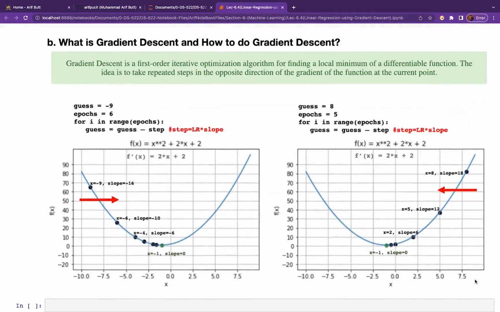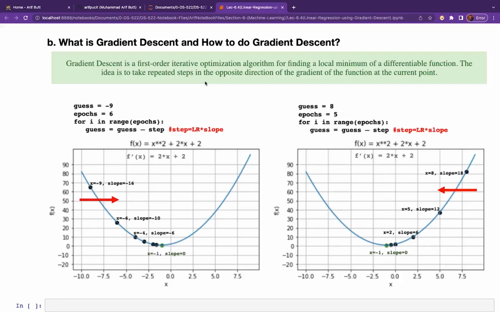My dear students, gradient descent is actually a first order iterative optimization algorithm for finding a local minimum of a differentiable function. The idea is to take repeated steps in the opposite direction of the gradient of the function at that current point.